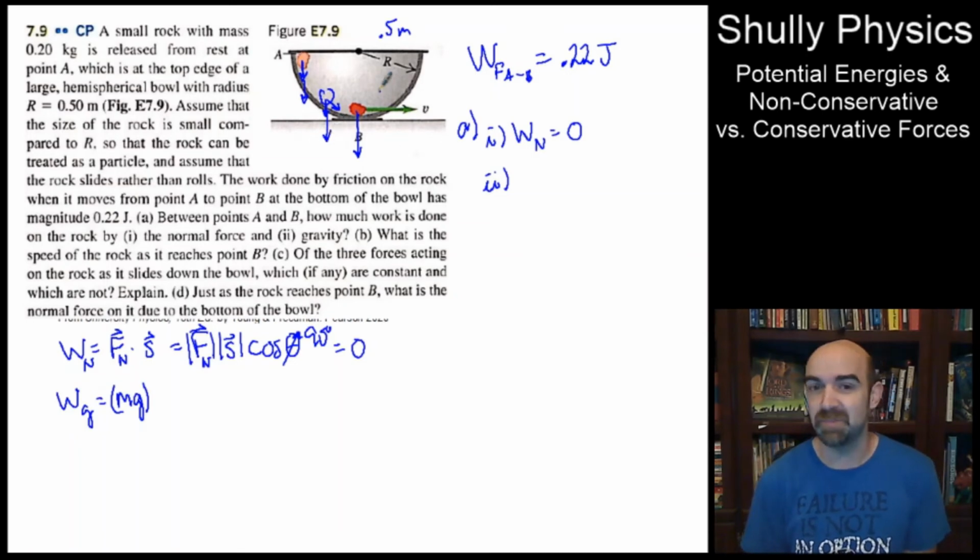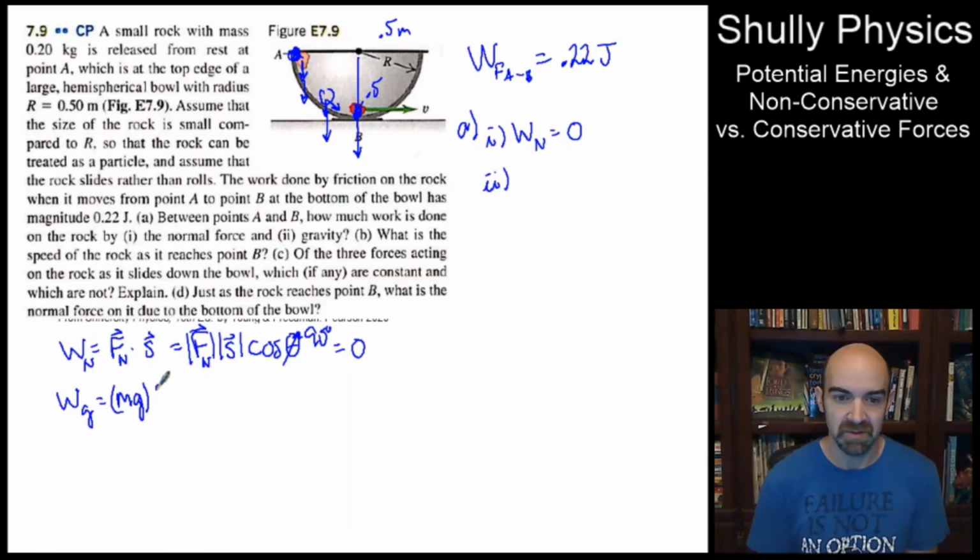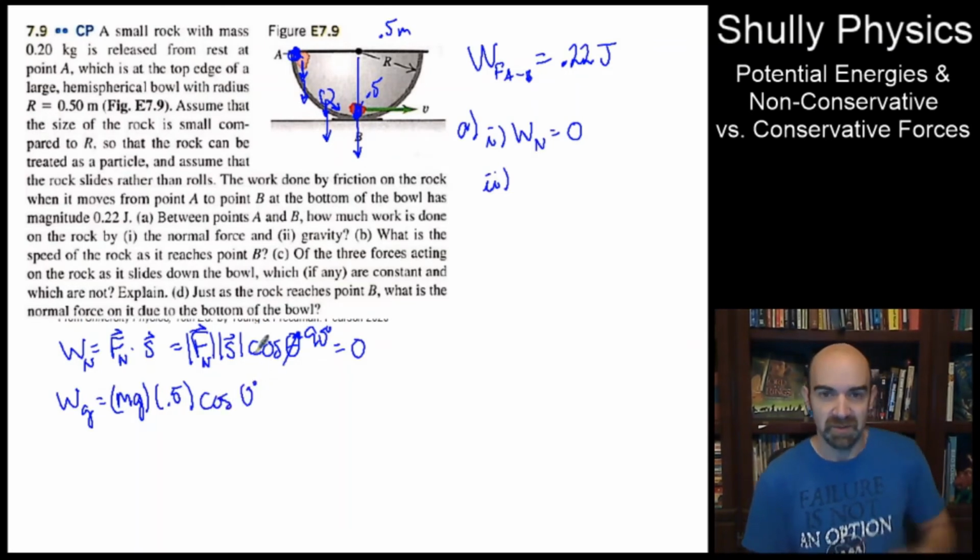So what is the displacement of the rock from point A to point B vertically? It's going to be the radius of the bowl, 0.5. That's it. It goes from the top of the bowl to the bottom of the bowl. So the displacement is downward. The angle between the downward direction and gravity is 0. So it's getting displaced downward from the top of the bowl to the bottom by 0.5 meters.